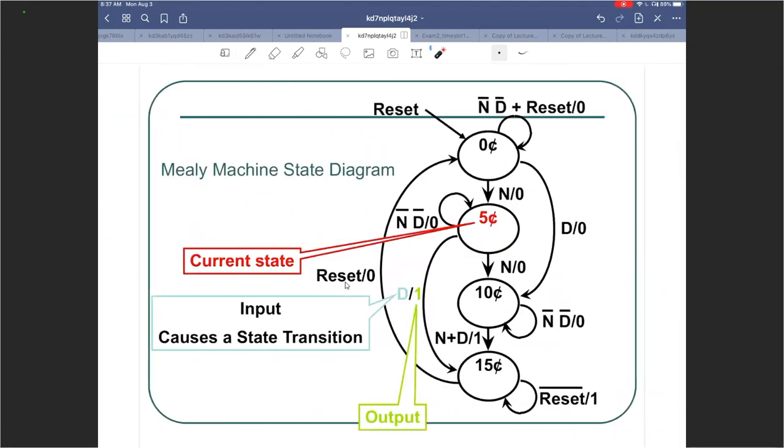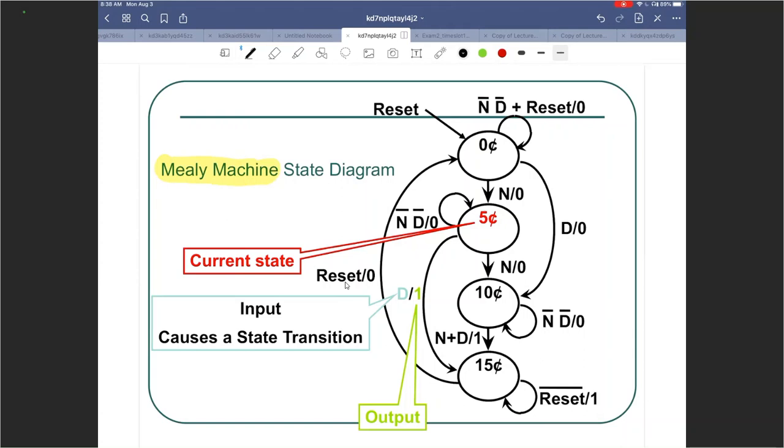Now same state diagram, but with a Mealy state machine. Let's take a look. We are using the same 4 states: 0 cents, 5 cents, 10 cents, and 15 cents. And right away, you notice that outputs right now are not dependent on the state.